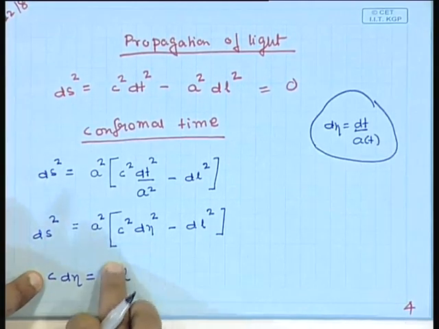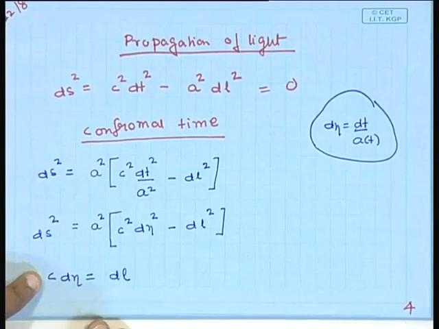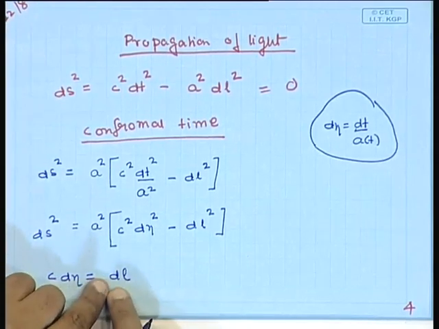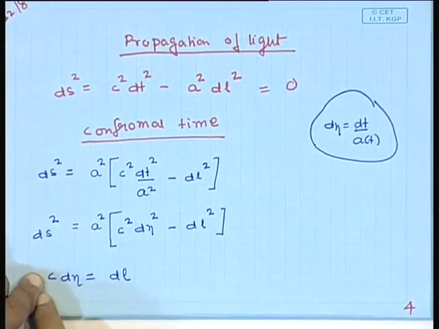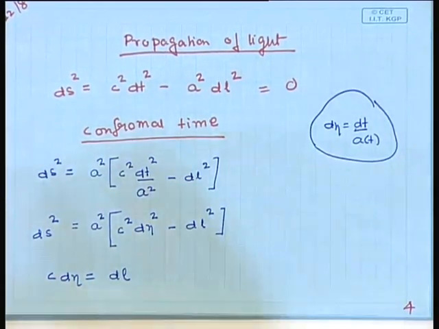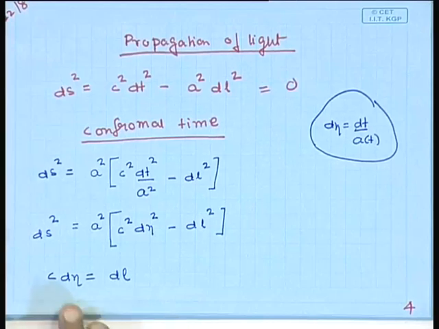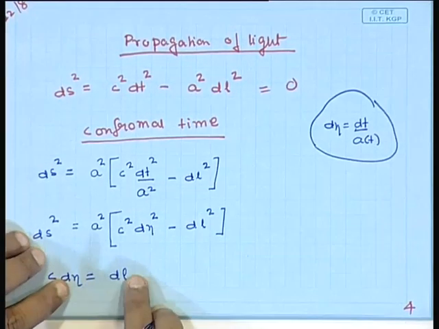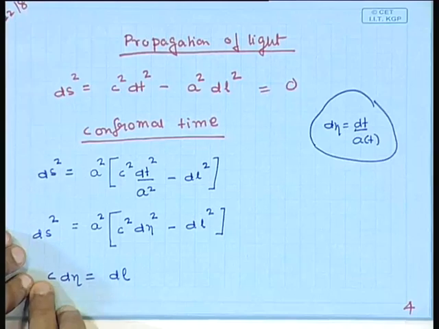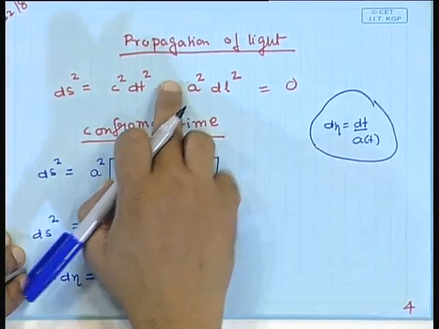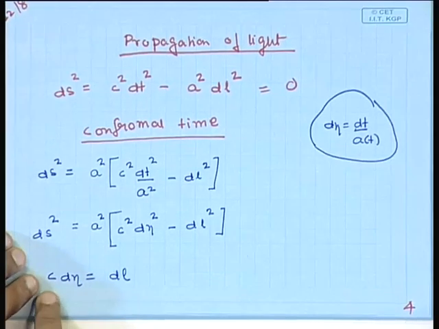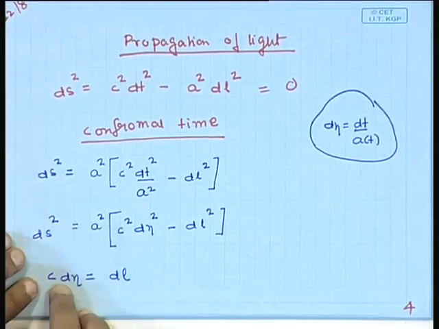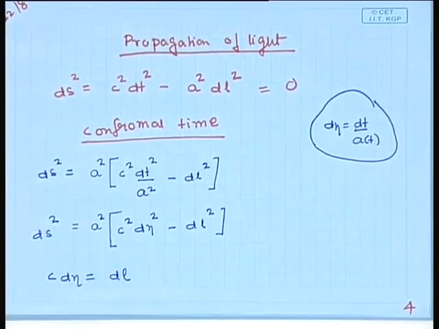So, if you use conformal time, in a unit conformal time, the comoving distance covered by light is essentially c, even if the universe is expanding. So, in conformal time and comoving coordinate, the speed of light is c, otherwise the speed of light is not c if I am working in the usual cosmological time. In this coordinate system, I get c as the coordinate speed at which light is moving.